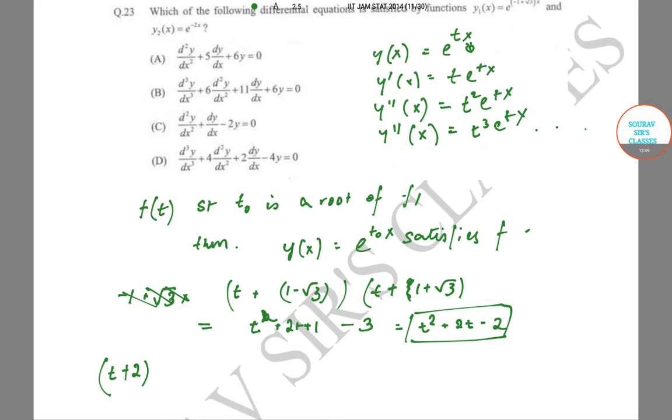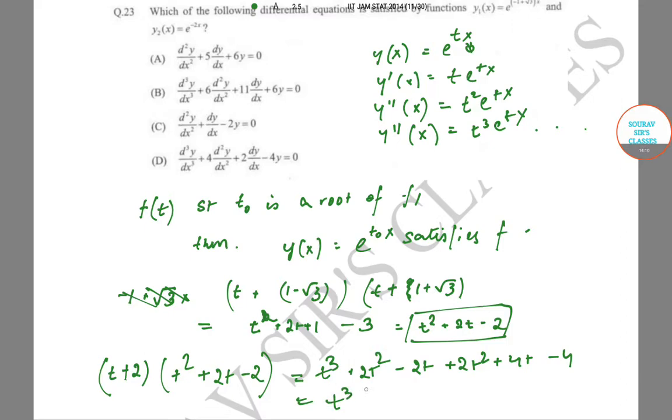So t plus 2 times t square plus 2t minus 2 should be our required polynomial. Let's see, t cube plus 2t square minus 2t plus 2t square plus 4t minus 4 is equal to t cube plus 4t square plus 2t minus 4.